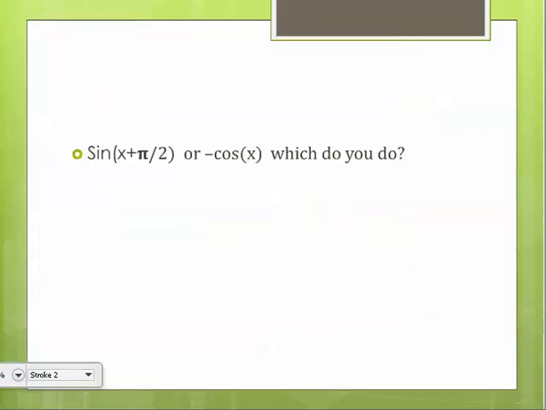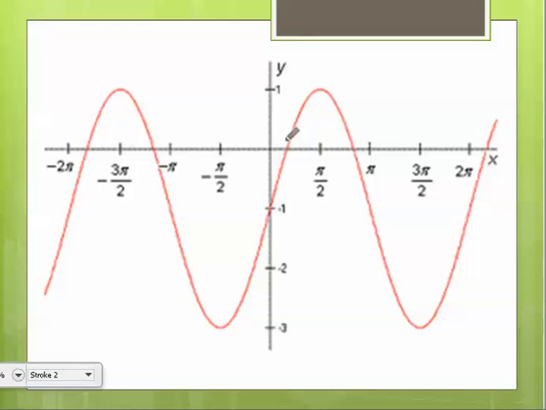Okay? So, looking at this one, slightly different rule here. See how my amplitude, I'm going from 3 to 1. What I'm going to do is take 3 minus 1 over 2. That tells me I'm multiplying it by 2. So whatever it is, it's going to be 2 times some function.